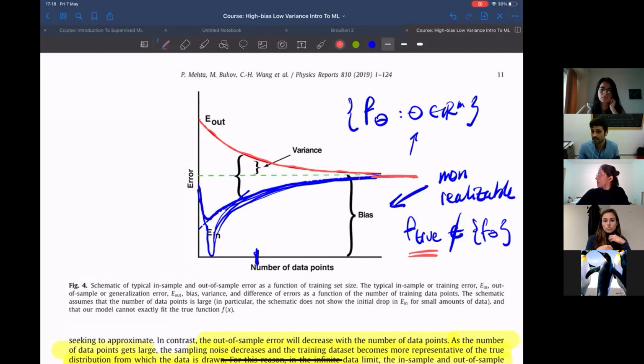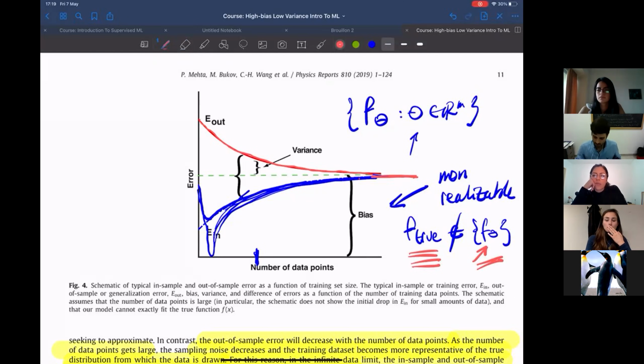This bias is the best error you can aim for given that you are using a model in this hypothesis class. So it's a quantification of the mismatch between the best function in this class and the true function that connects inputs to outputs.